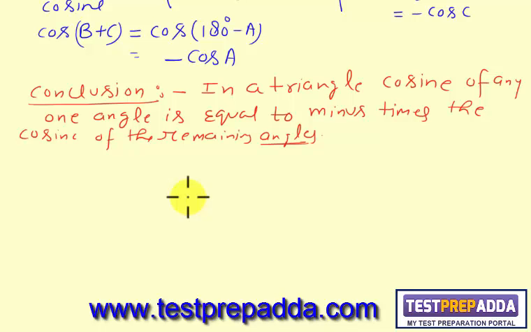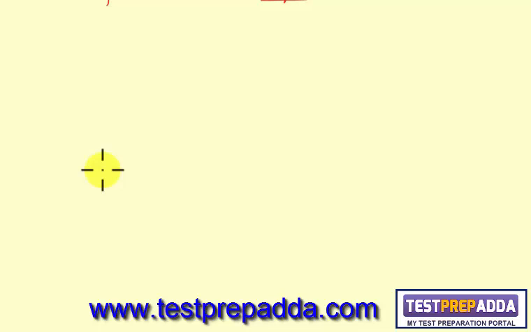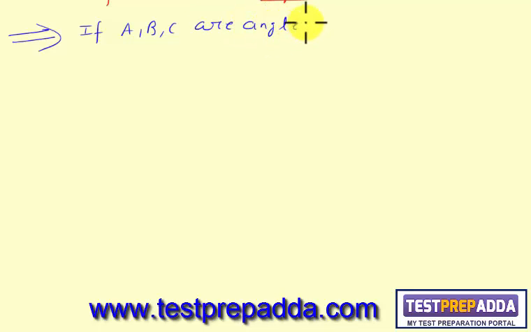Okay, now let me select another pen. If A, B, C are angles of a triangle, then A plus B plus C will be 180 degree.